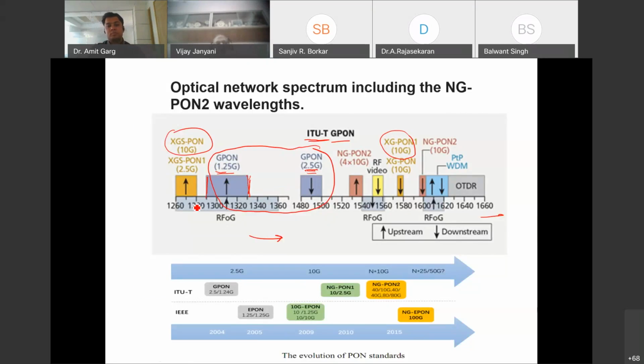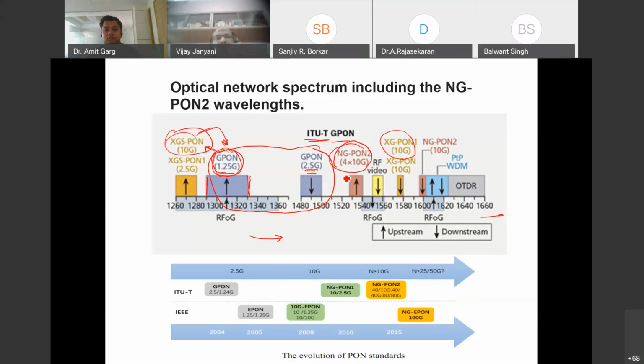The important thing, or beauty, of this is that you see there is no overlapping of bands of XG-PON with GPON. So when people moved from GPON to XG-PON, this problem was not there that you had to choose any one of these. On the same fiber network, you can use GPON as well as XG-PON, and then NG-PON 2, which I mentioned.